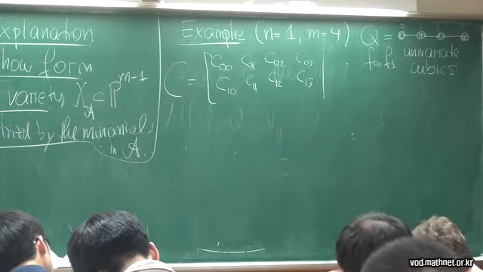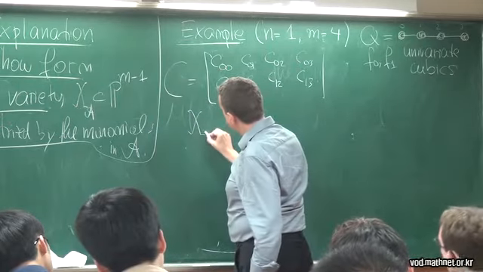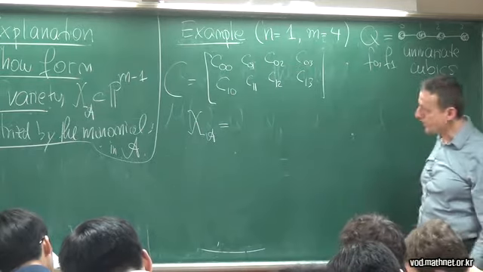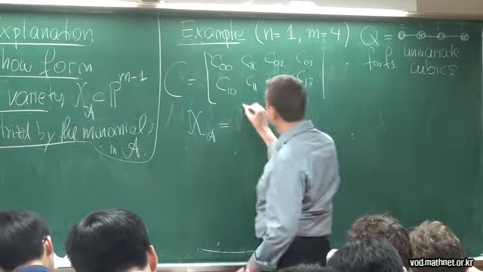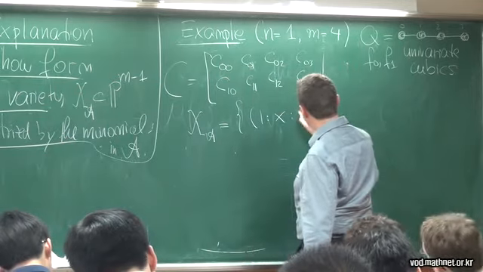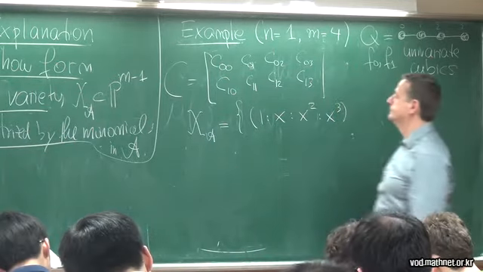Okay? Now what's the toric variety? So the toric variety is the variety parametrized by the monomials in A. Well, what are the monomials in A? The monomials are 1, x, x squared, and x cubed. Right?